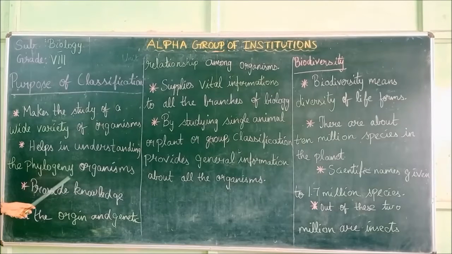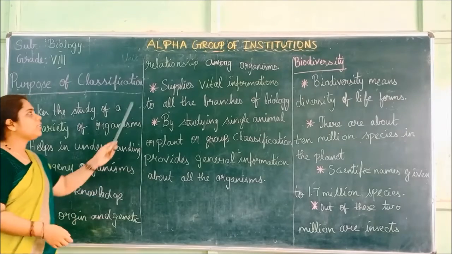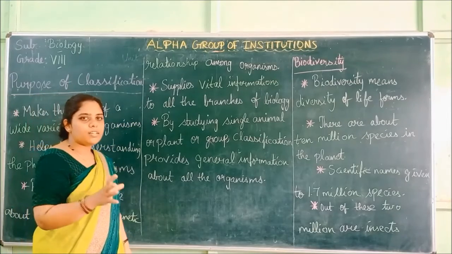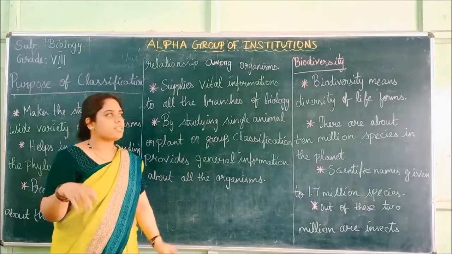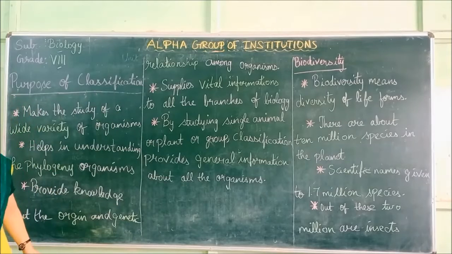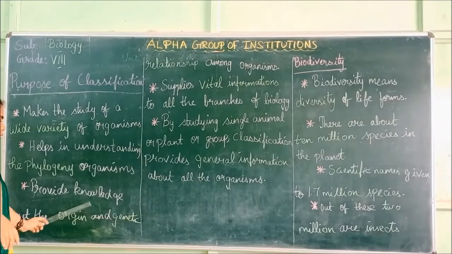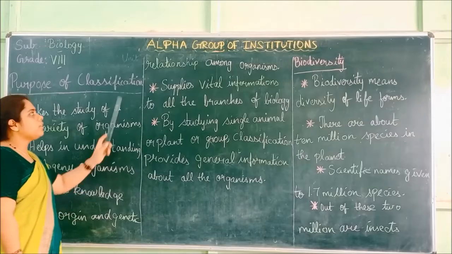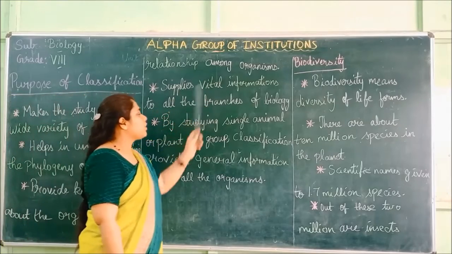So those things we can learn using classification of any organism. And it provides knowledge about origin, how the organism originated, and the genetic relationship, whether it is related to any other organism. About all these things we get knowledge, that is origin and genetic relationship among organisms.